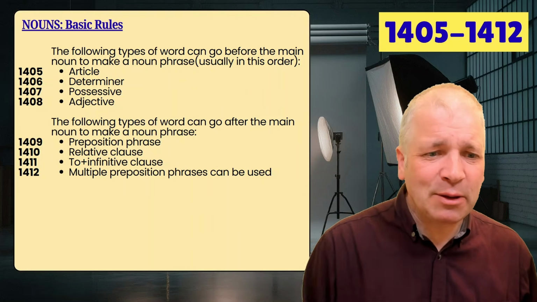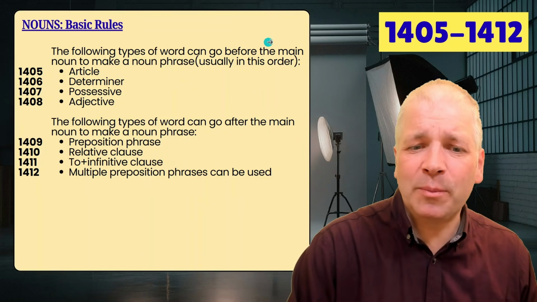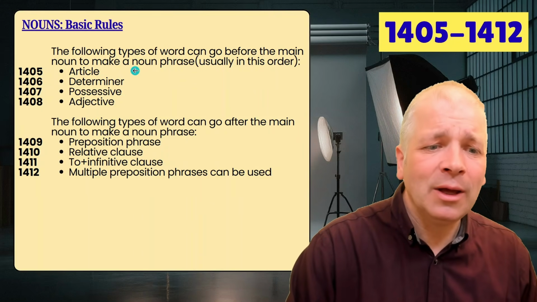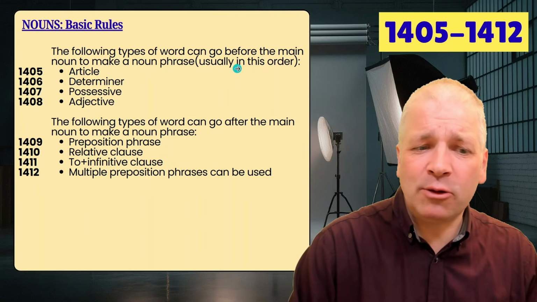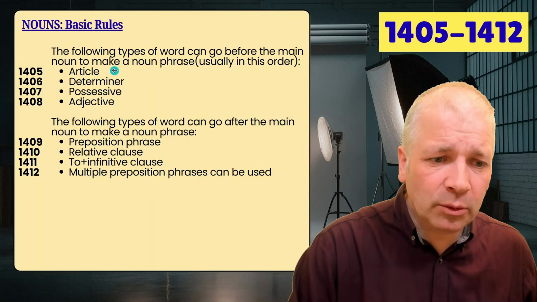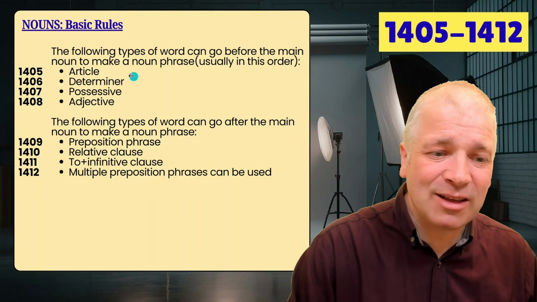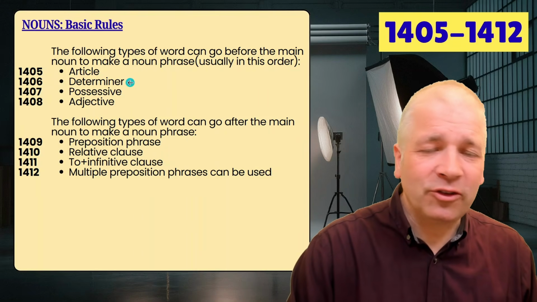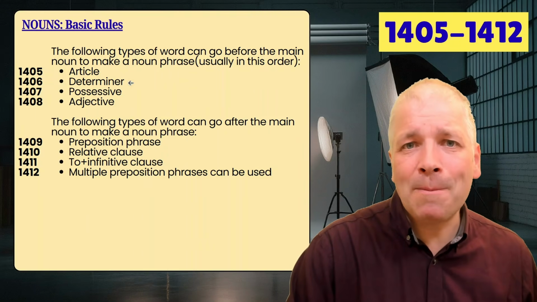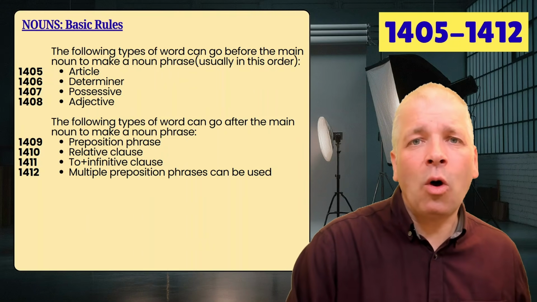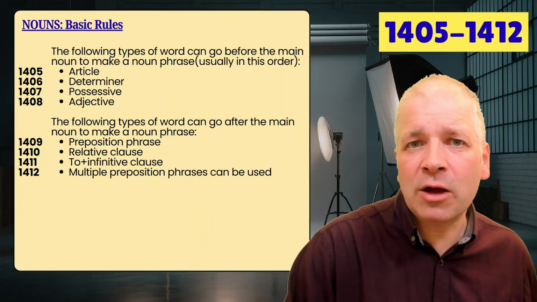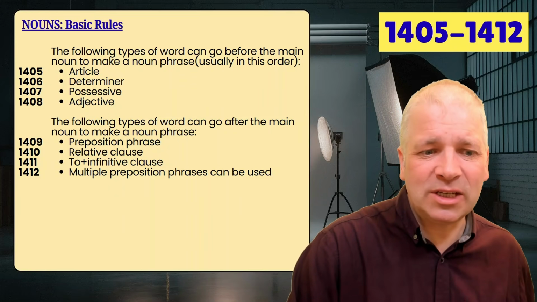So let's remind ourselves the following types of word can go before the main noun to make a noun phrase, usually in this order: article, determiner, possessive, and adjective. Remember, an article is a type of determiner, and determiners can be split into the pre, main, and post determiners. Watch the part of the video earlier on that looked at noun phrases in more detail.